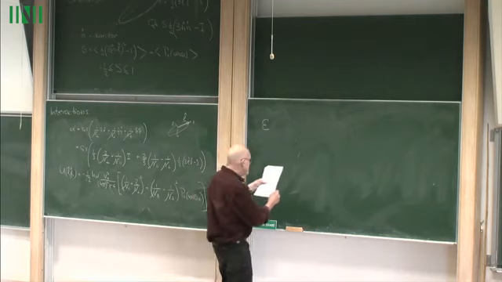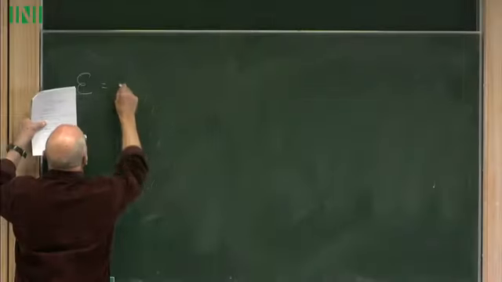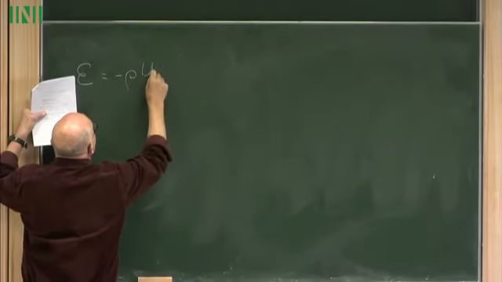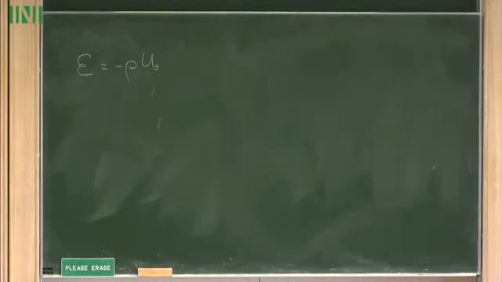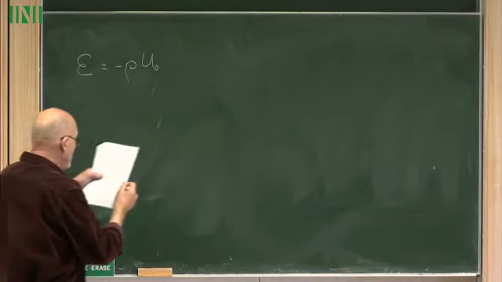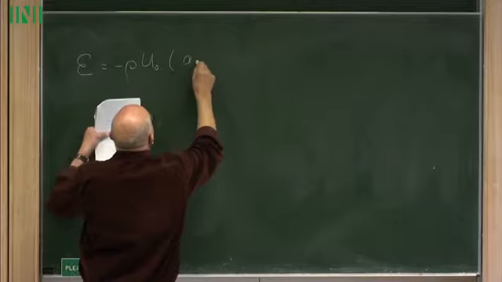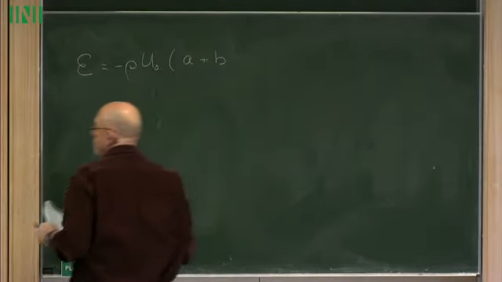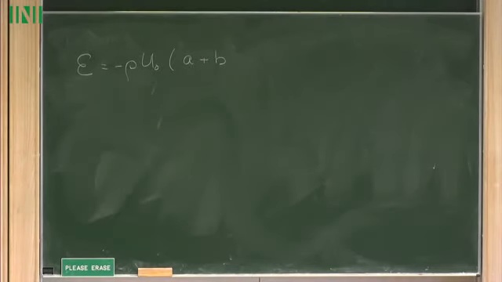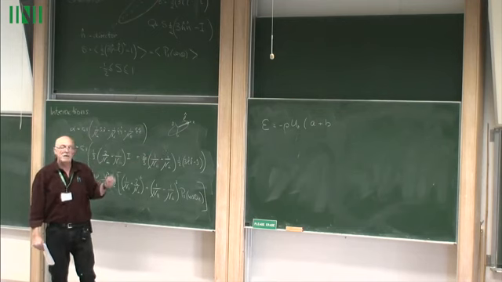Anyway, when everything is said and done, we have this minus rho, and I'll call this u naught. It's just a collection of whatever guys are in there. And then we have some constant a plus b. And here comes the interesting part. Now, I'm going to have to average over all the molecules in a system.